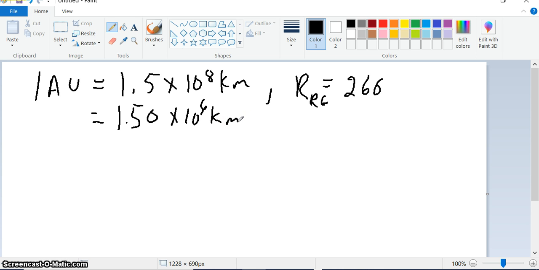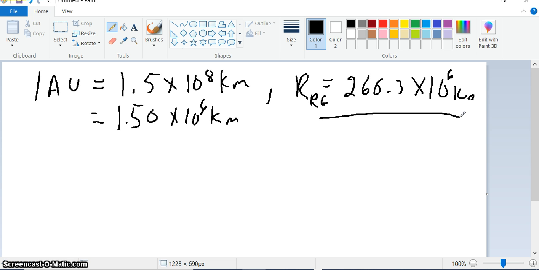But now the red giant is 260.3 times 10 to the 6 kilometers. So this red giant would envelop the Earth. Let's see how far out it goes.